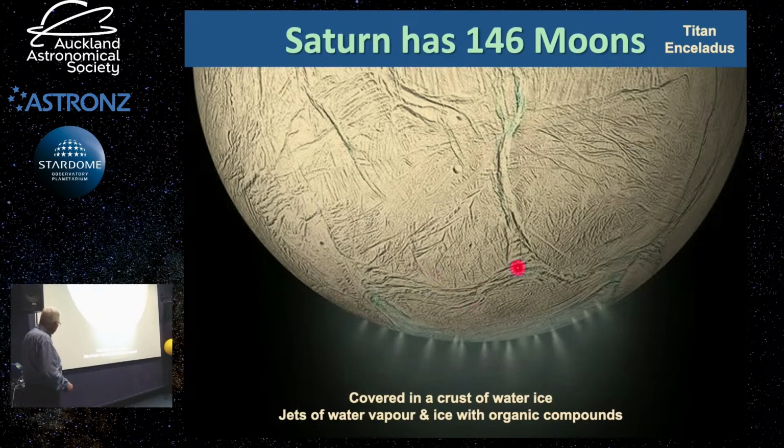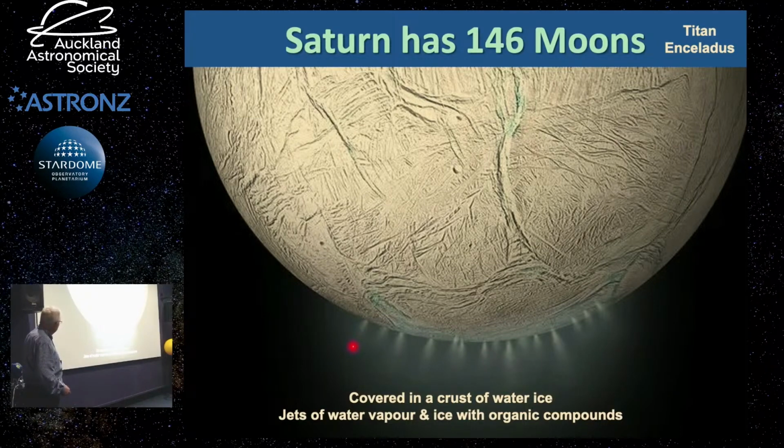But also you see all these plumes, all these jets of water vapor and ice. Cassini flew through those plumes and analysed them with the instruments that it did have. It didn't have, I should say, instruments looking for life, but it had instruments that picked up organic compounds amongst all those plumes.